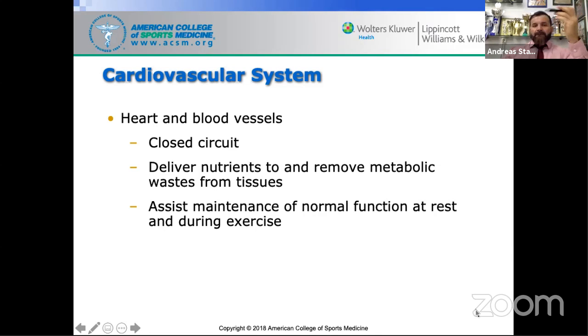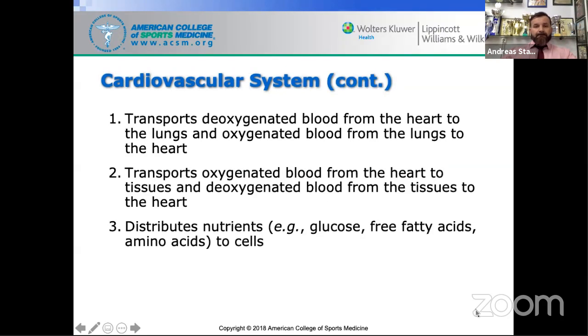We have nutrients that have to be delivered, and metabolic byproducts that have to be removed, the two basic things that happen. Also, you can see maintenance of normal function at rest and during exercise, and of course, all these systems are trying to bring us back to homeostasis, which is our equilibrium, our optimal condition when we are at rest.